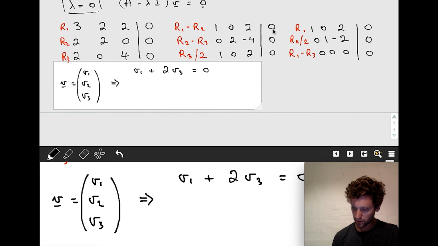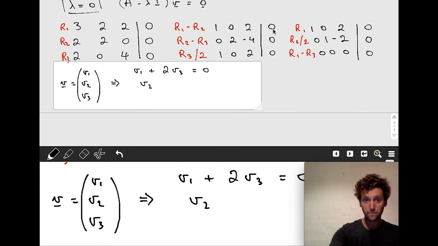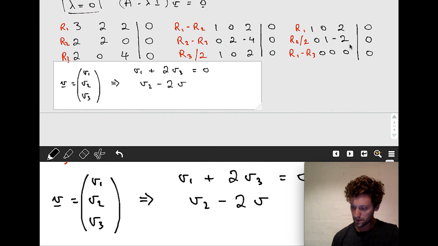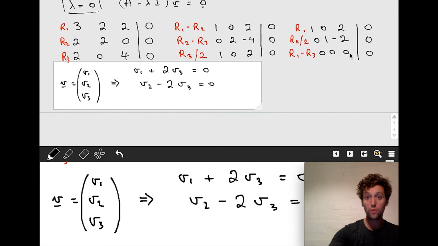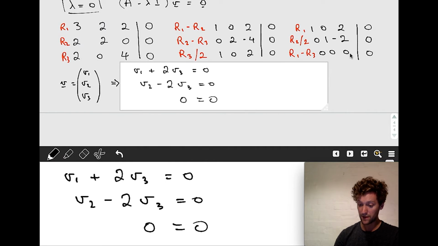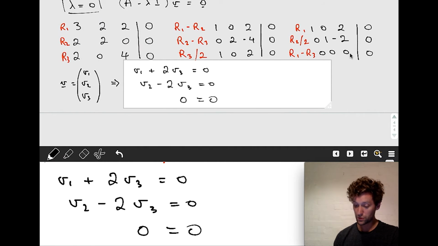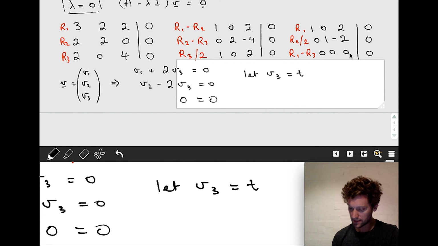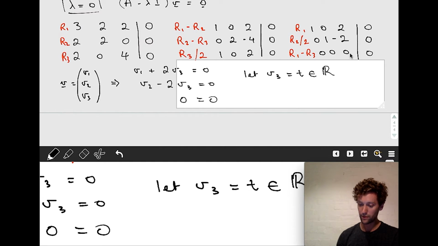My second row gives me v2 minus 2v3 equals 0. And my third row was just zeros equals 0. So I have two equations for three unknowns, which means I'm going to have a free unknown. I'm free to choose whatever I want for that unknown. So let's take v3 equal to t, any real number we like.